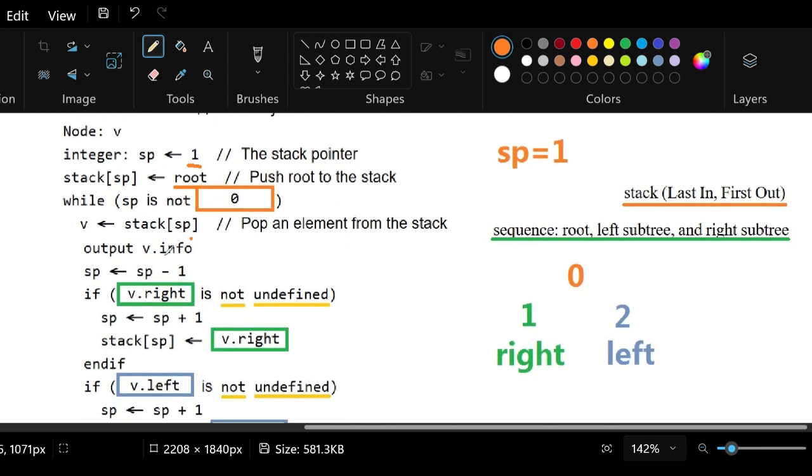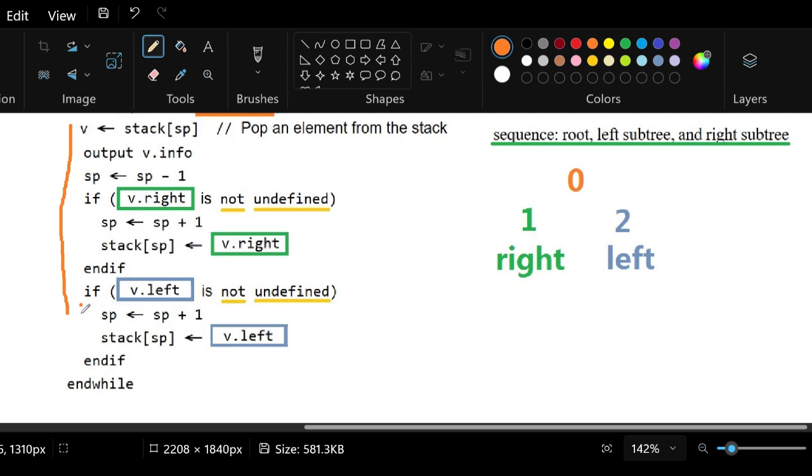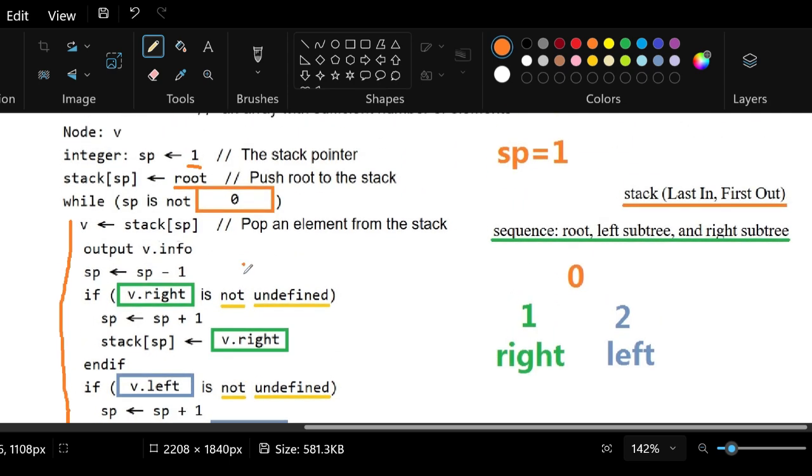And then for the while loop, it's saying that if the stack pointer is not 0, then we go through this part here, the one inside the loop. And then I think later on we can further explain why it is really 0 and not -1. But for the time being, let's see what will happen once we go into the while loop.